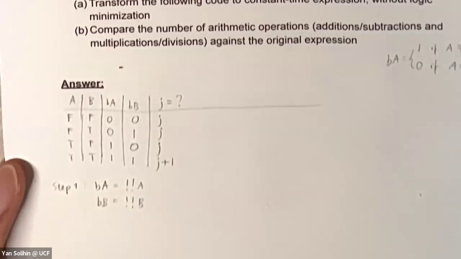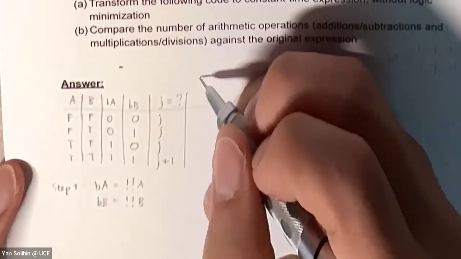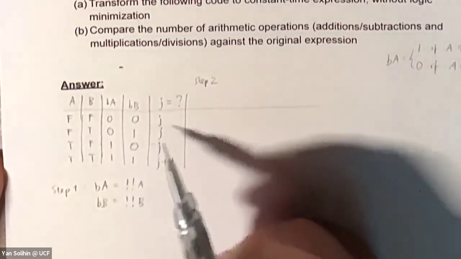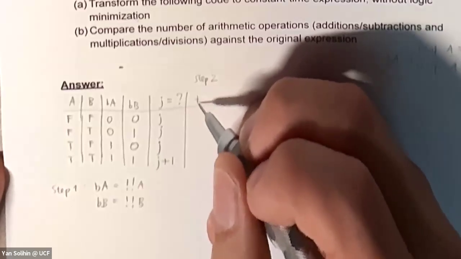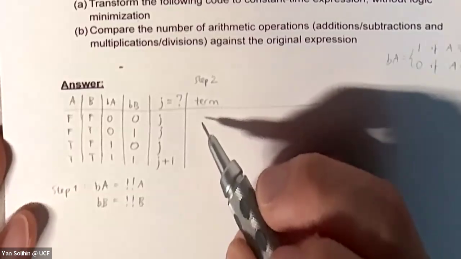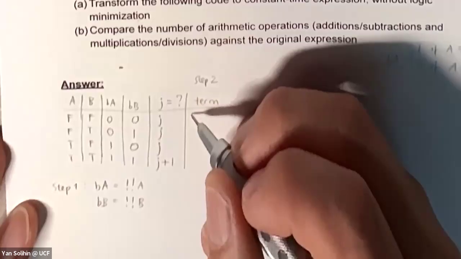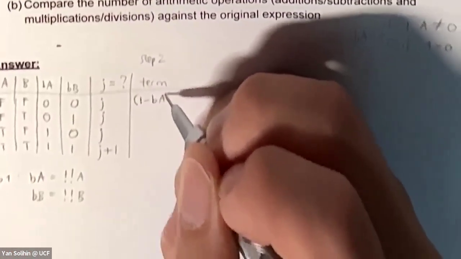So the next step, we create a term that corresponds to each of these logic values, the term or the product of literals. The way to do it is basically, if you see a 0, you insert a corresponding term, which is 1 minus BA.